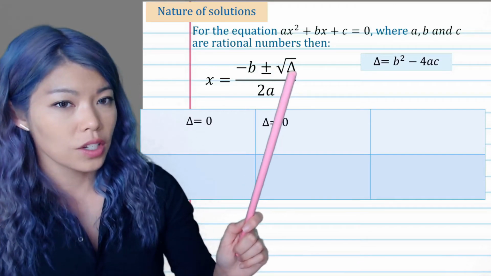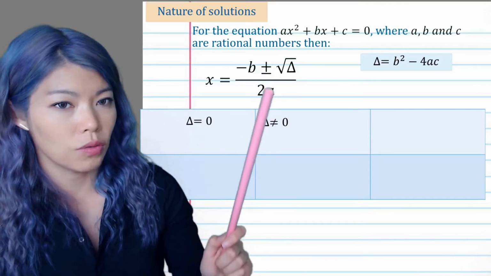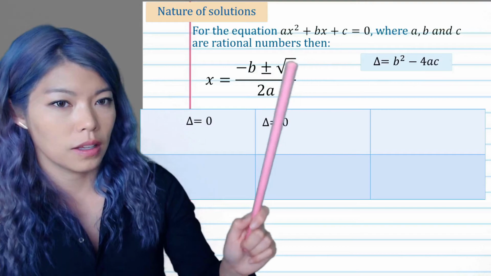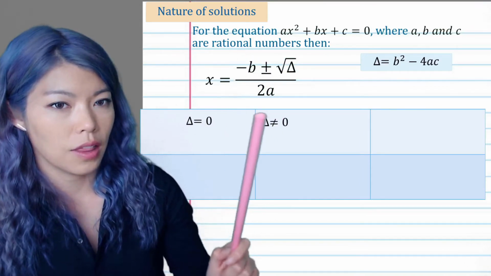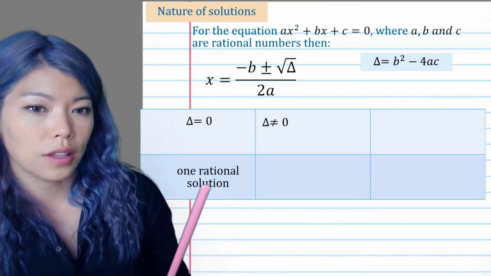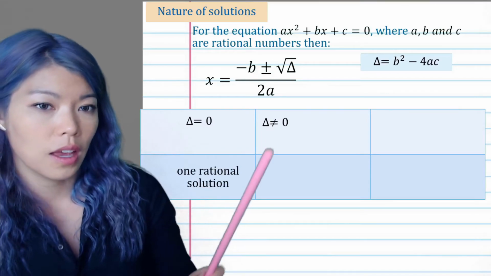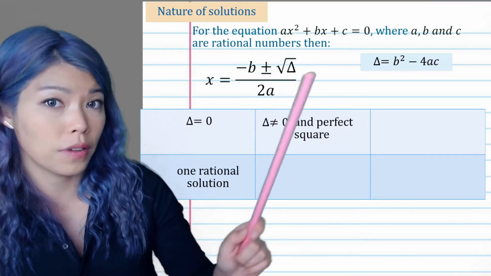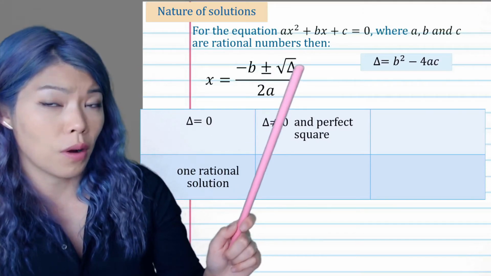If that section is equal to 0 and these are all rational numbers, then that section is gone because it's 0. Now this is full of rational numbers, so the one solution is rational. If it's not equal to 0 and it is a perfect square, then that's going to be a whole number there.